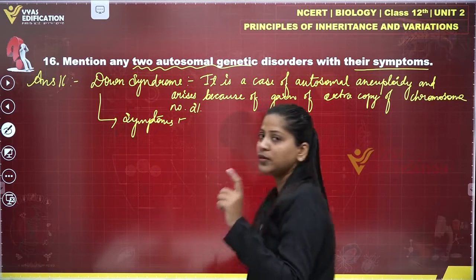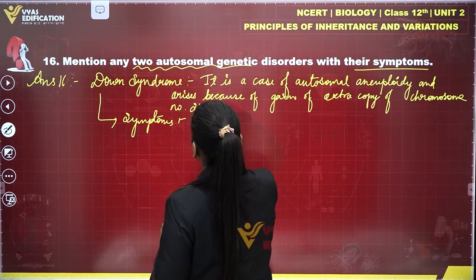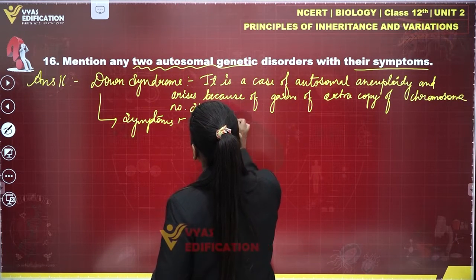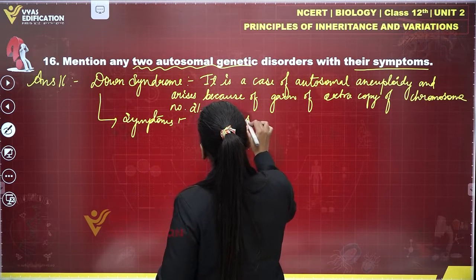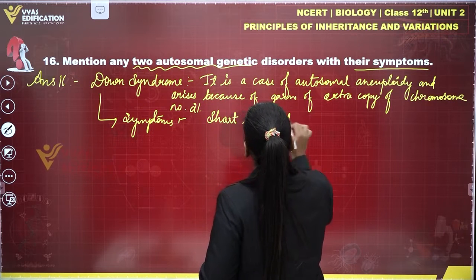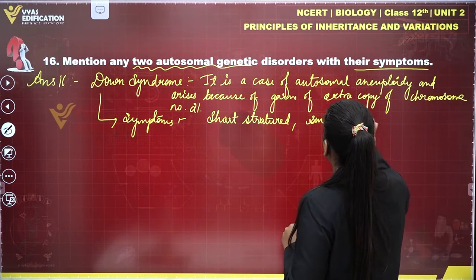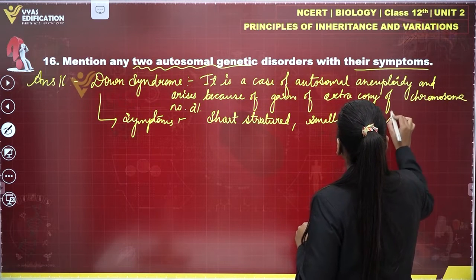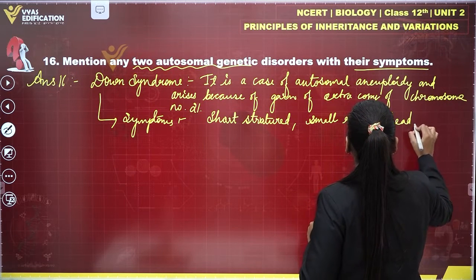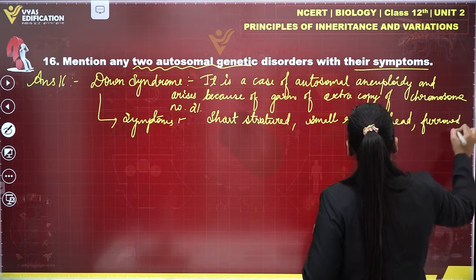the person who has Down syndrome is short statured, along with a small round head and furrowed tongue.